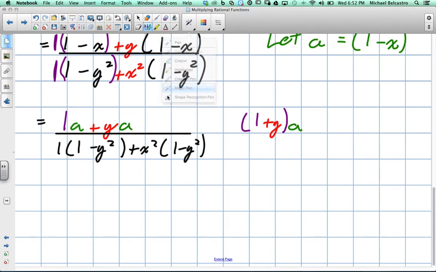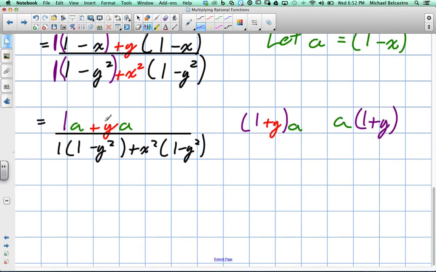Completely think of it as I'm going to common factor out my a term. Normally you write the a at the front, I just wrote it at the back here. So if we were to common factor out that a, you'd be left with a at the front, and you'd have 1 plus y as your two terms after that. Does that idea make sense? Okay, so I'm going to factor out the a on top. So we have a outside the brackets, and in the brackets we still have the 1 plus y.